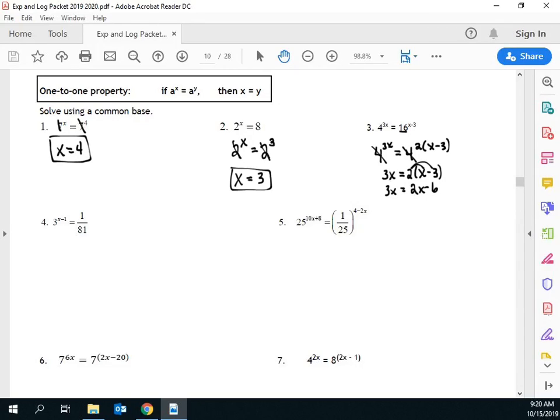In solving, what's the next step? Good. And we're done. So 4 raised to 3 times what value will equal 16 raised to some value minus 3? And that magic number is negative 6.